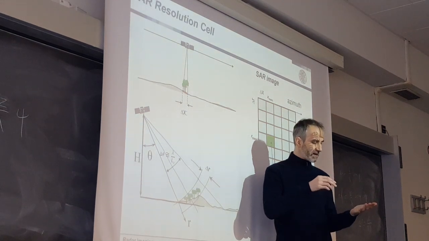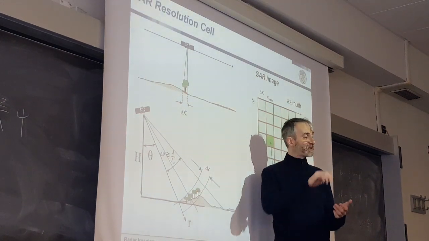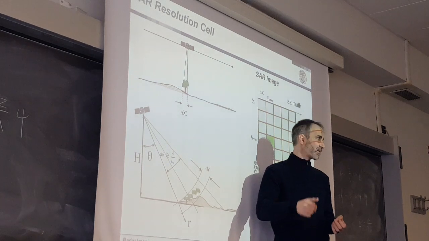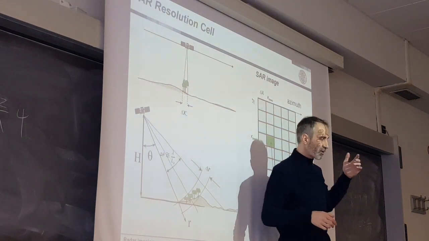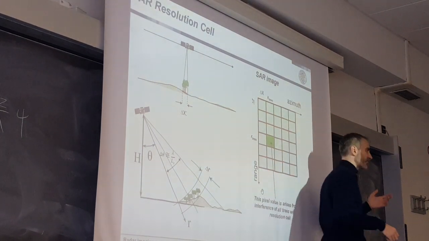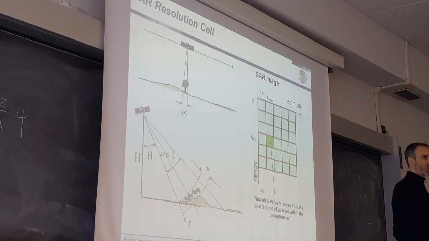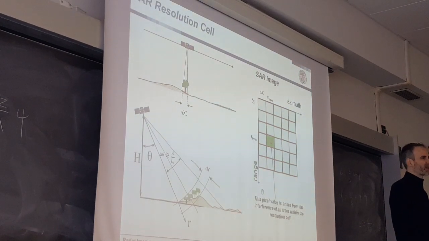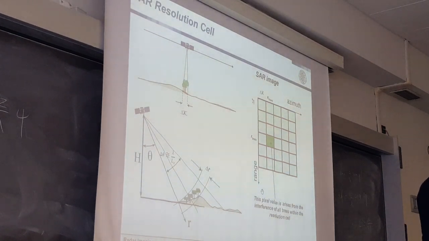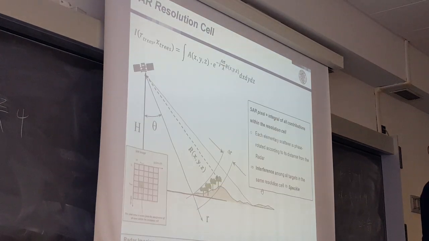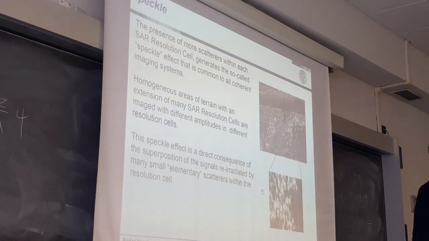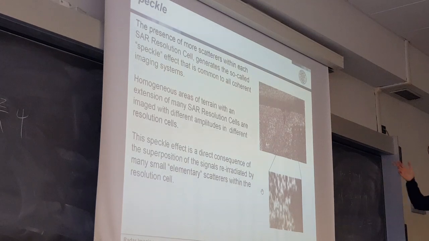And so they add up with different phases, which forms constructive and destructive interference, which gives you a random signal, more or less. And this is what is called speckle.